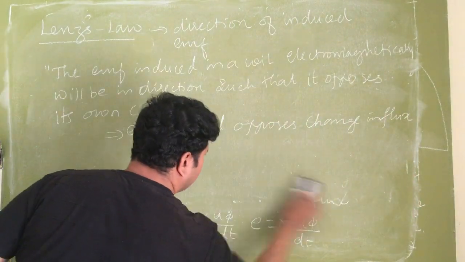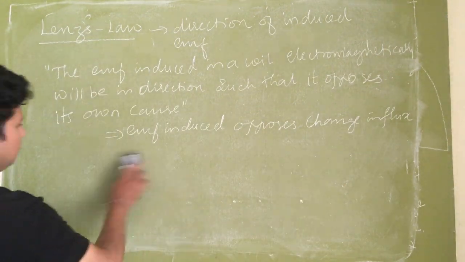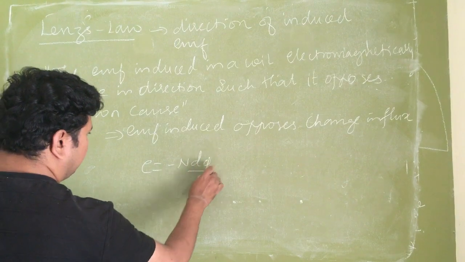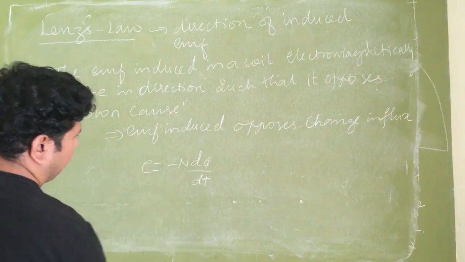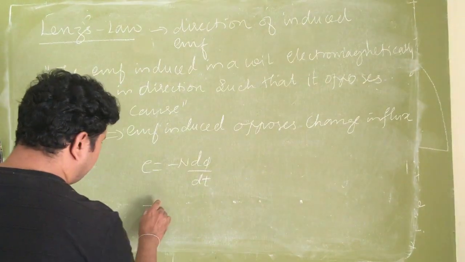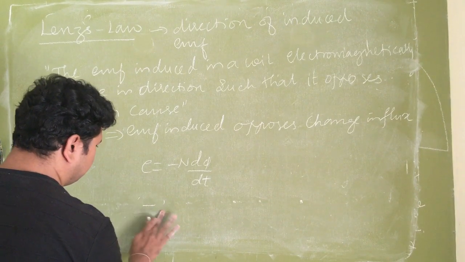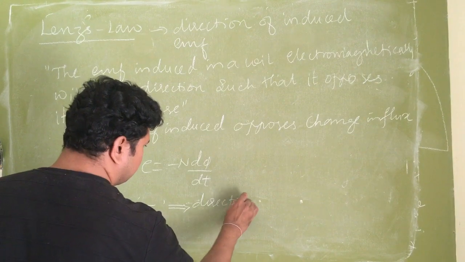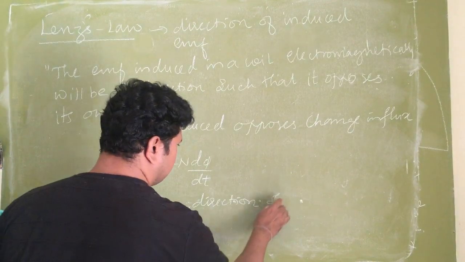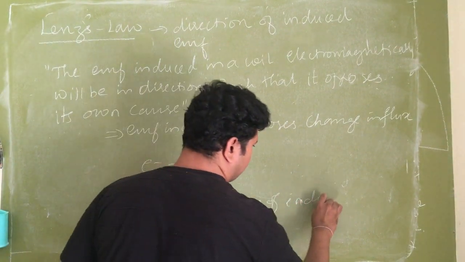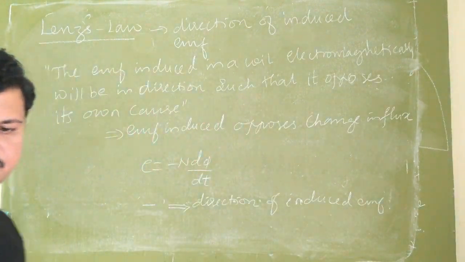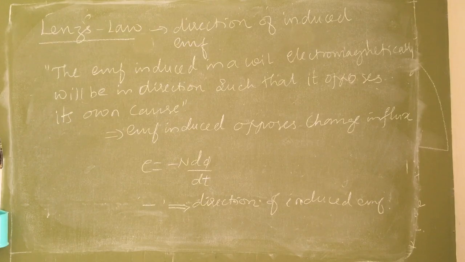Therefore, induced EMF is given by E = -N dφ/dt, where the minus sign indicates the direction of induced EMF.